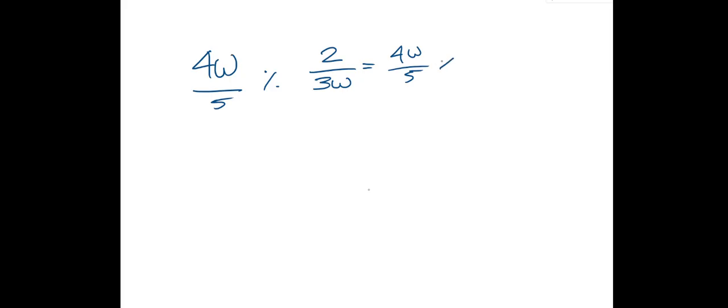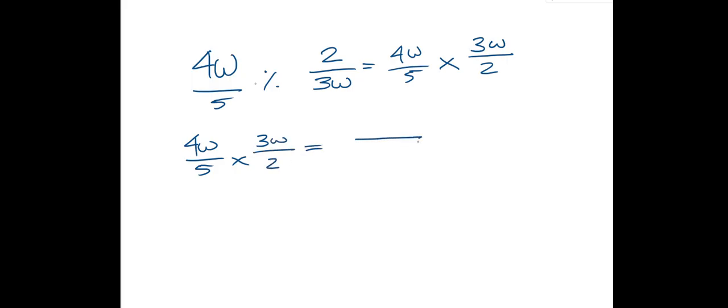We change the divide to a multiply, and we flip the second term and then solve it as per normal. Let's just copy it down quickly here. Okay, and then it's just top times top, bottom times bottom.